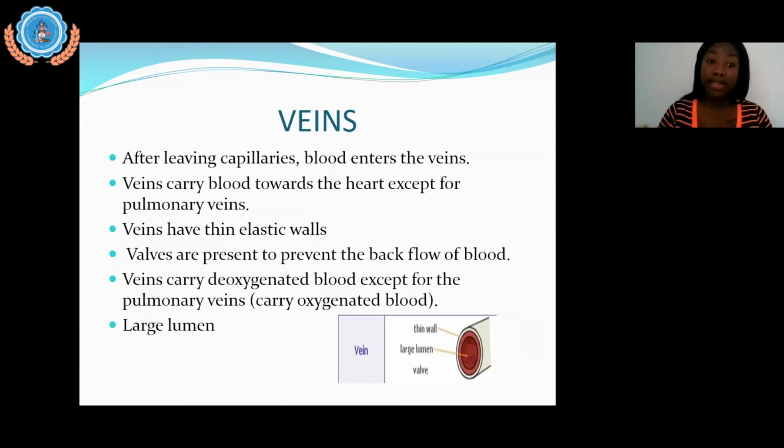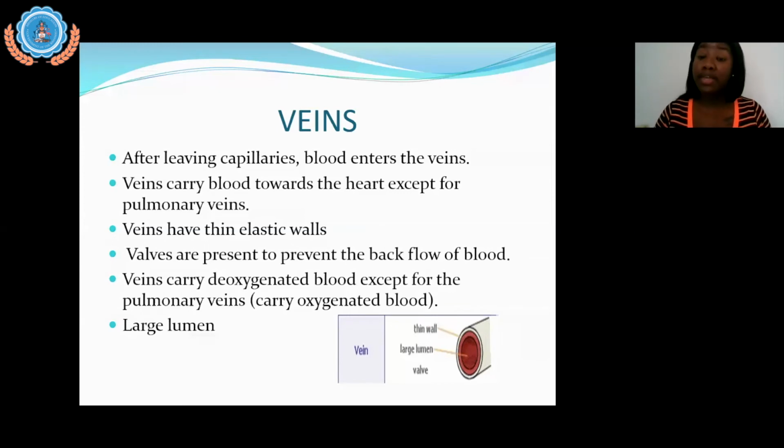Valves are present, and the purpose of the valves is to prevent the backflow of blood. Veins carry deoxygenated blood, except for pulmonary veins, which carry oxygenated blood. And here again, we see that that's an exception to the rule about veins.